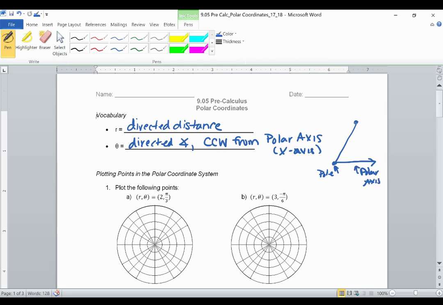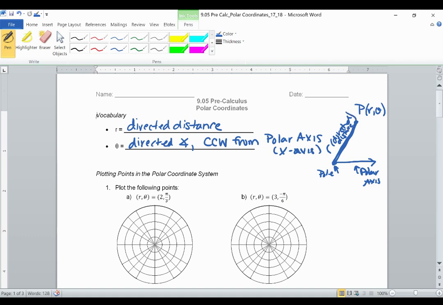And then this point right here, let's call it P, we would call the coordinates r, theta. And to get to this point, the distance from your pole to point P, that's your r, which is your directed distance.